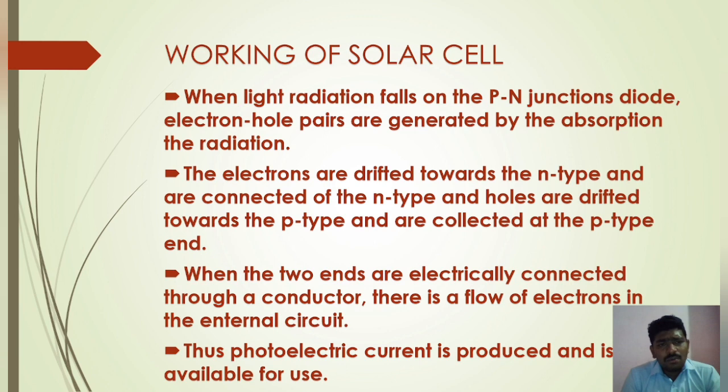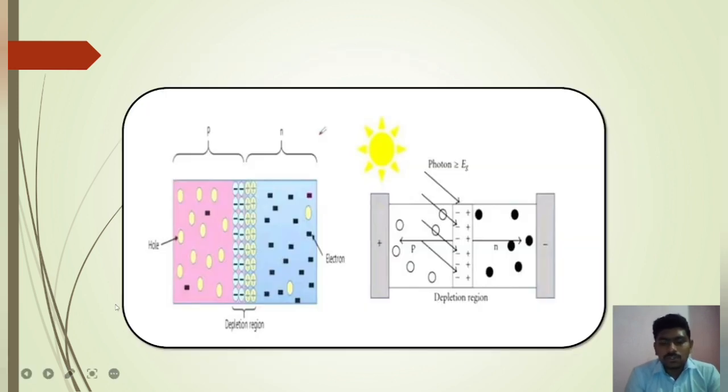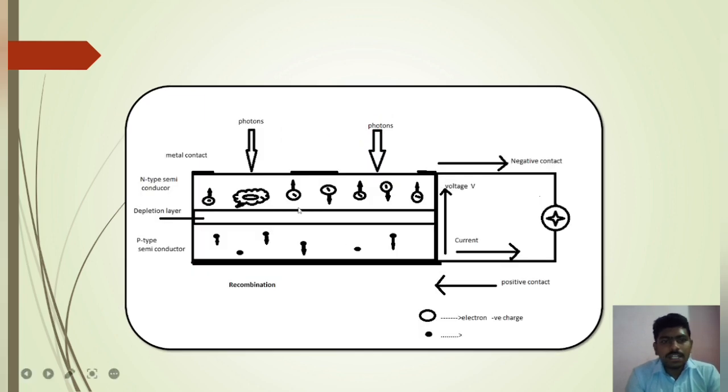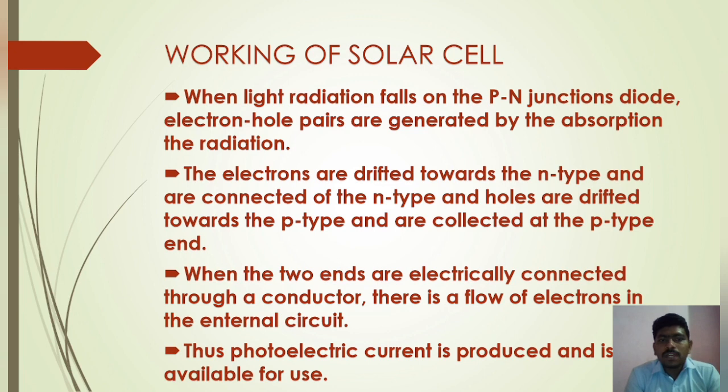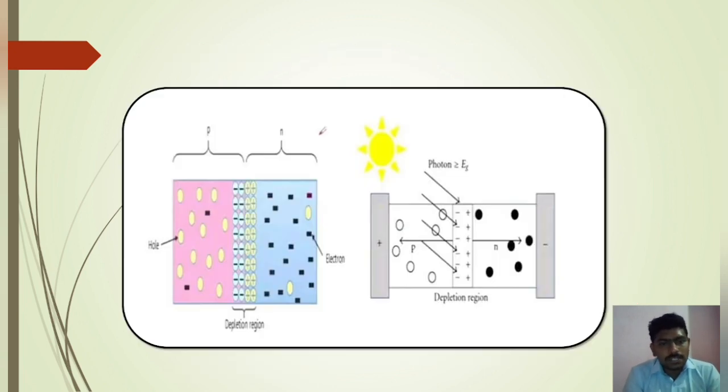Whenever light radiation falls on the PN junction diode, electron hole pairs are generated. Whatever radiation comes from the sun, in the form of light radiation, falls on the PN junction. So whenever that light radiation falls on the PN junction, definitely electron hole pairs are generated.